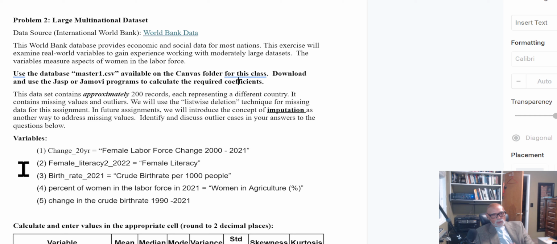But this one is the crude birth rate. And then we're going to look at the percentage of women in the agricultural sector, and also the change in the crude birth rate between 1990 and 2021. The change: most countries went down, and a few countries went up.